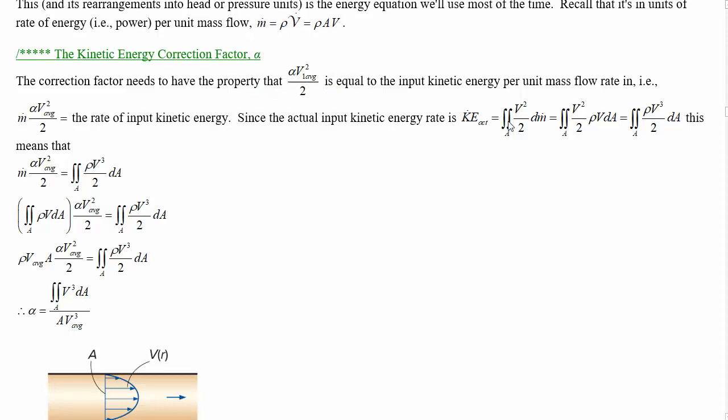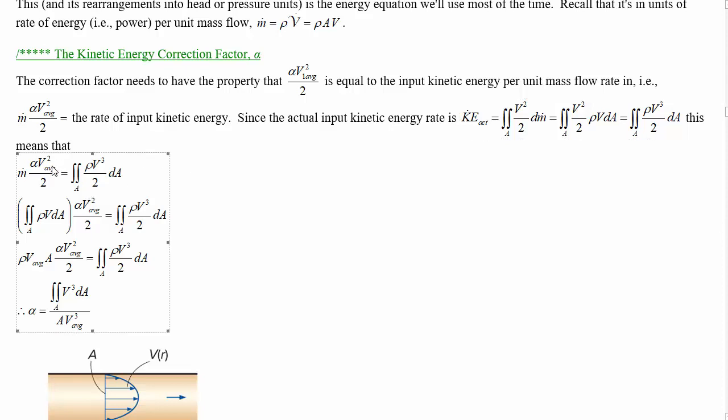That would be the integral over the inlet or the outlet of V squared over 2 with respect to mass, which would be rho V dA, so with respect to mass flow rate really, and that's where the V comes from, and that's why it ends up being V cubed over 2.